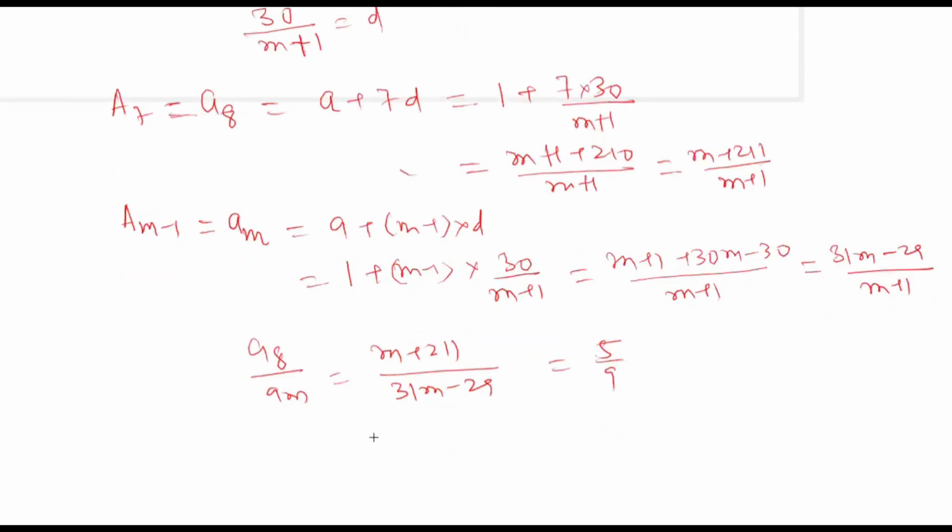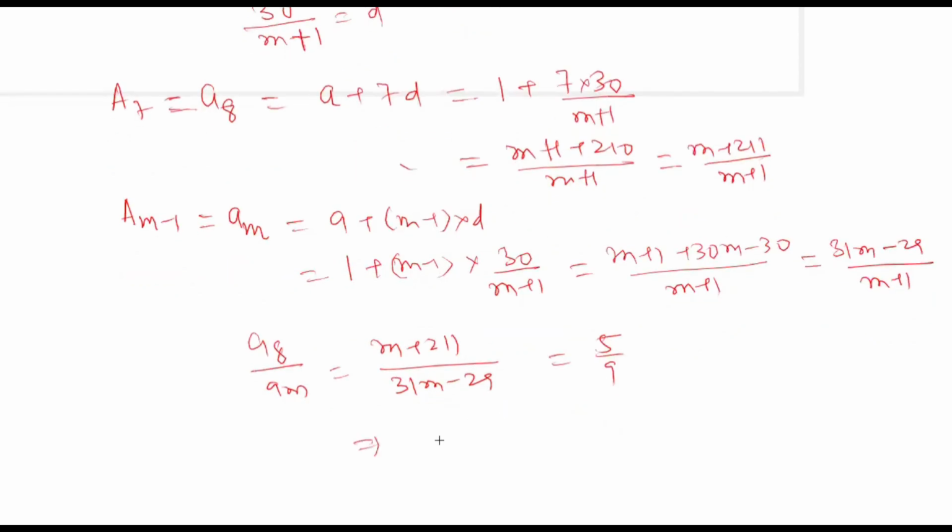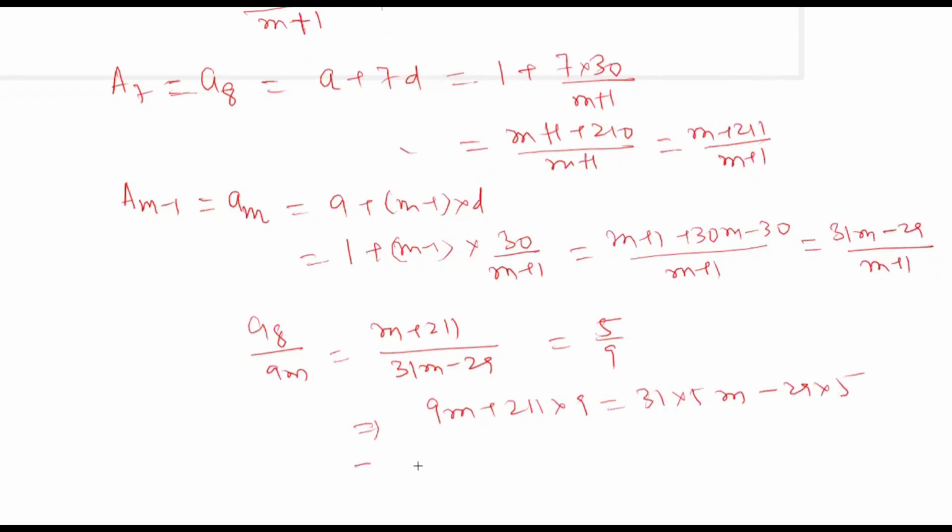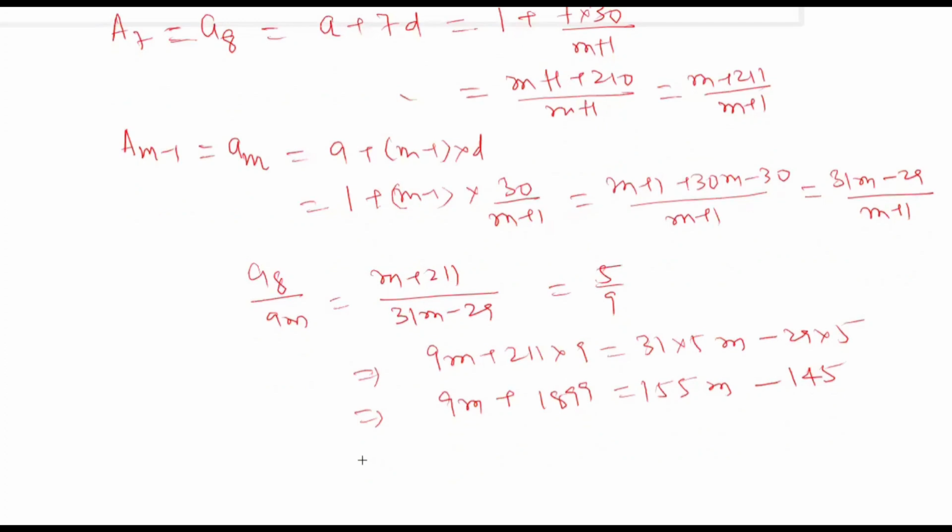Using this, we can find M: 9 into (M plus 211) is equal to 5 into (31M minus 29). So 9M plus 1899 equals 155M minus 145.